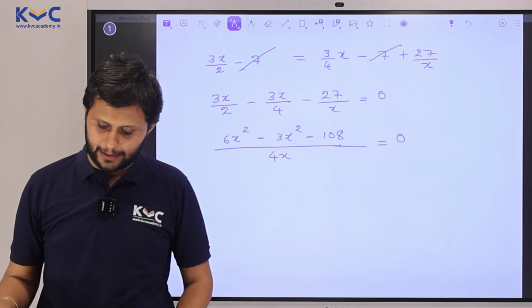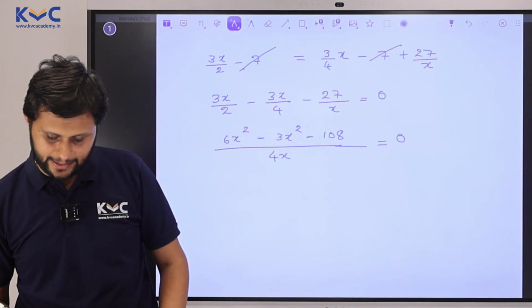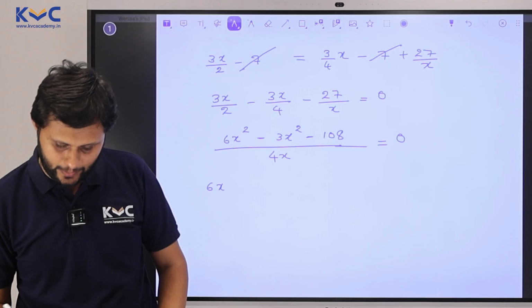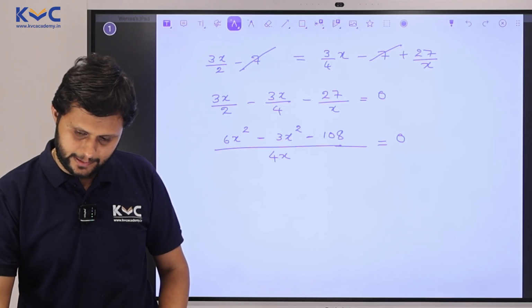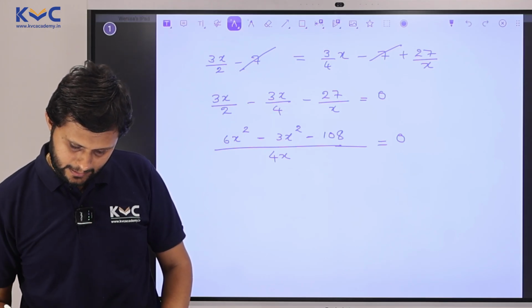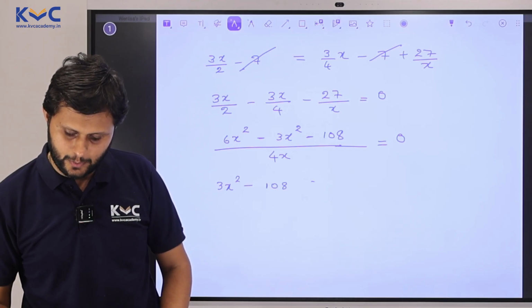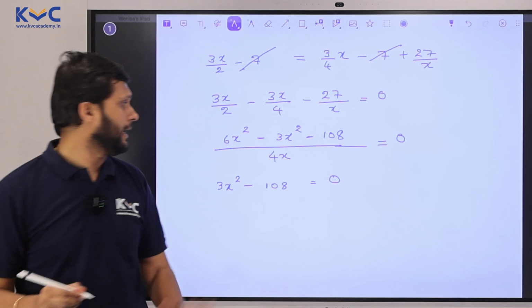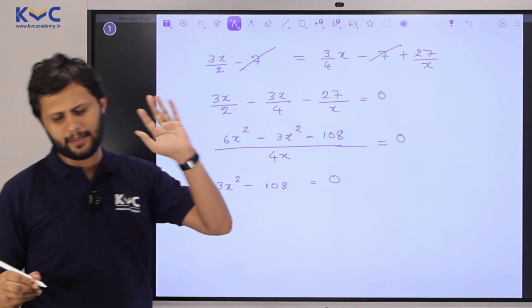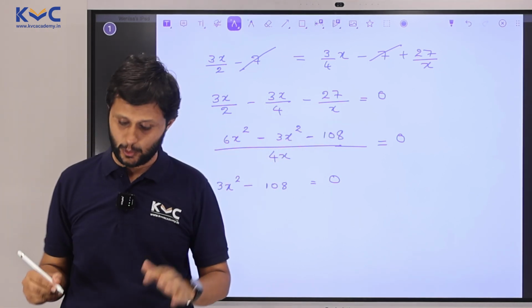Now we will cross multiply. 4x goes to the other side. So we get 6x square minus 3x square is 3x square minus 108 equal to 0. Cross multiplied, 0 anything into 4x, 0 multiplied anything is 0.